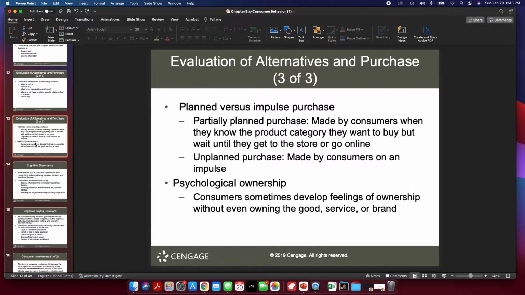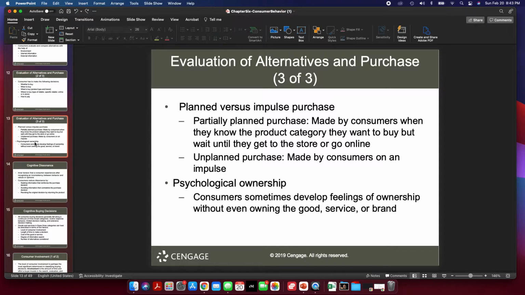If you're selling TVs or high value equipment, consumers know they want that product category, but they wait to buy it until they go online and research it or see it in person. An unplanned purchase, usually you're in the grocery store and you see a delicious looking chocolate bar and you make that impulse decision right there.